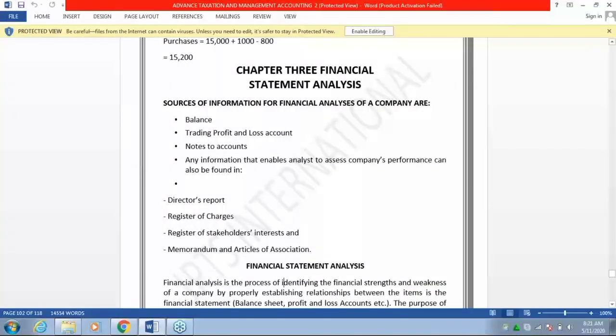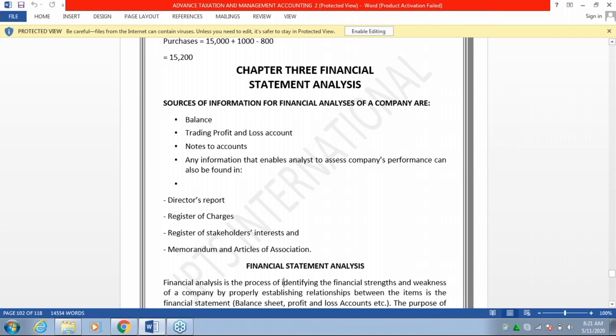Now, statement analysis. When we are talking of statement analysis, we talk of the sources of information for the financial analysis of a company. So if we need the financial statement analysis of a particular company, we have some areas of account that have to be checked. That is the balance sheet of the company.